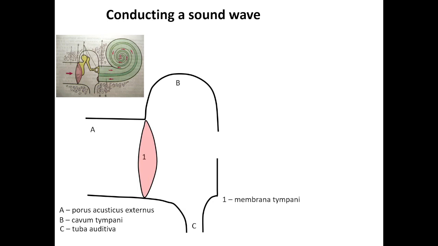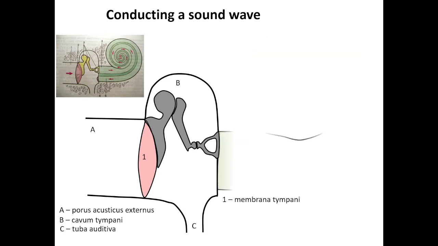Number one is membrana tympani. So it limits the external and middle ear. And what is this? Ossicula auditus. Small bones inside of the middle ear.